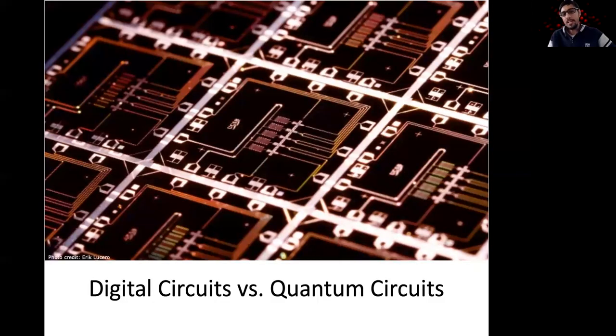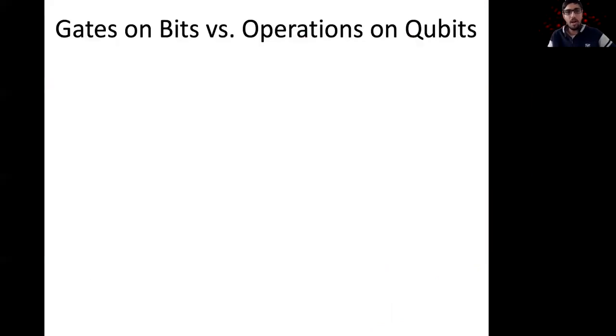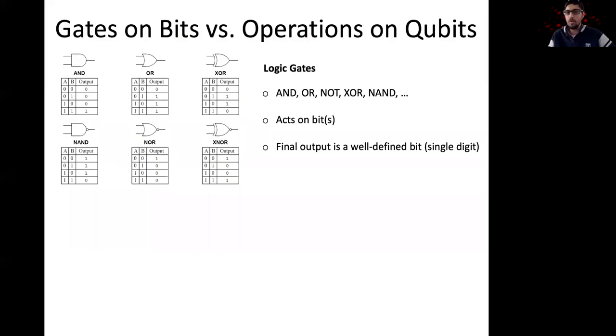Okay, so let's suppose we have qubits and we have protected qubits. How can we make circuits out of them? How can we do computations? So I'll just give you some ideas on gates on bits versus operations on qubits. We all know that in classical circuits, you have gates, for example, AND, OR, exclusive OR, and all different kinds of gates which act on bits.